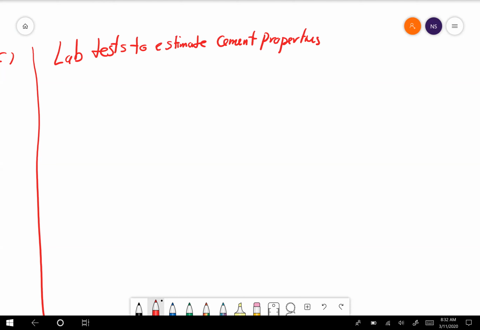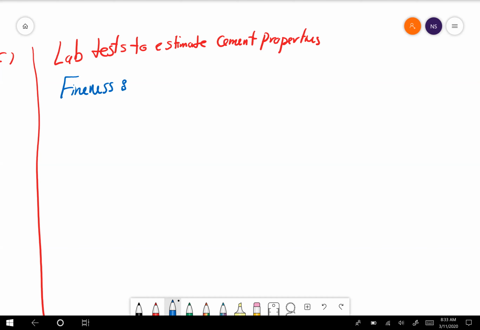Okay, so the first property that we want to estimate in the lab is the fineness of the Portland cement.